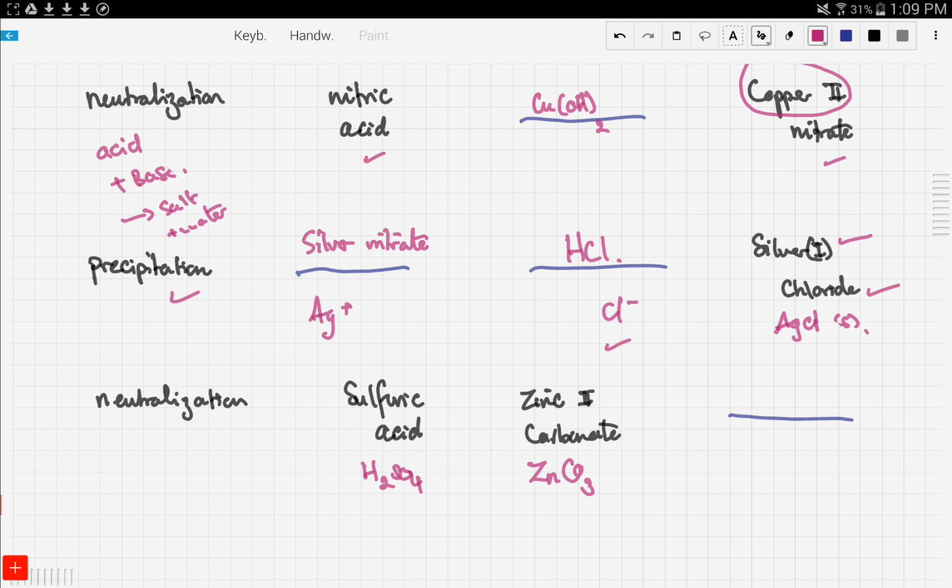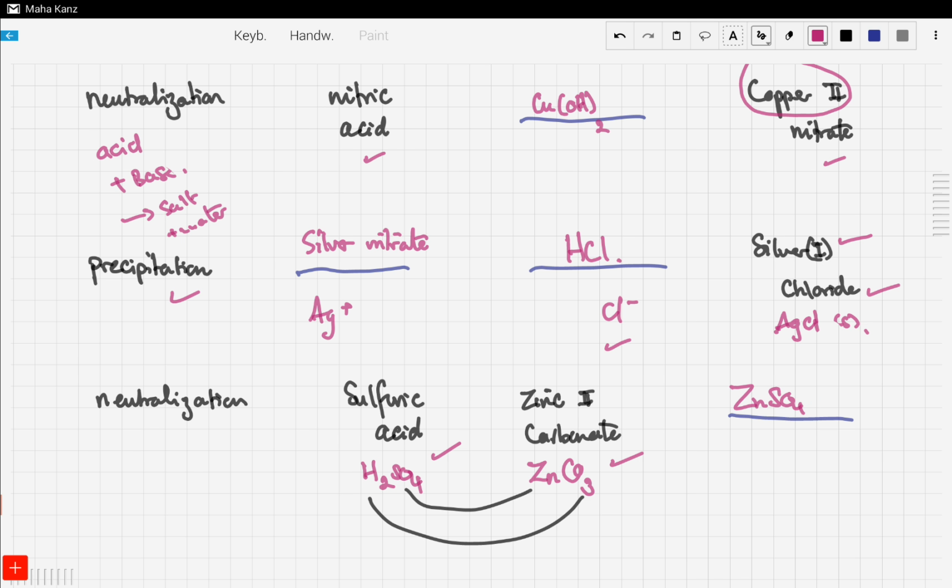Now let's see, he asks you to obtain the salt, and this is a reaction between an acid and a base, and the reactions between an acid and a base involve a salt plus water, and in this case, because we have carbonate, we have carbon dioxide also. So we need the salt. So the salt will be, as we said, our trick, in, out. So the salt will be zinc sulfate.